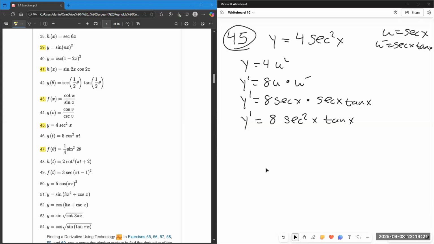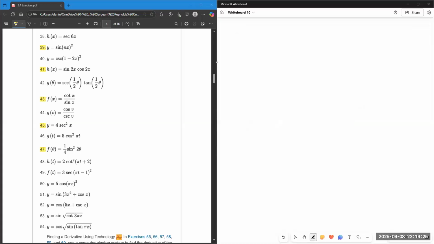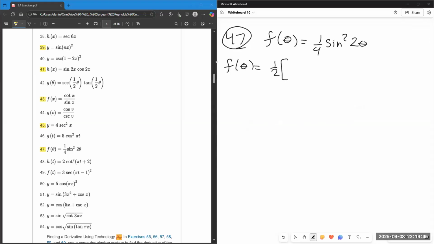Let's look at number 47. Says f of theta is equal to 1/4 sine squared 2 theta. So this is f of theta equals 1/4 of sine 2 theta, squared.